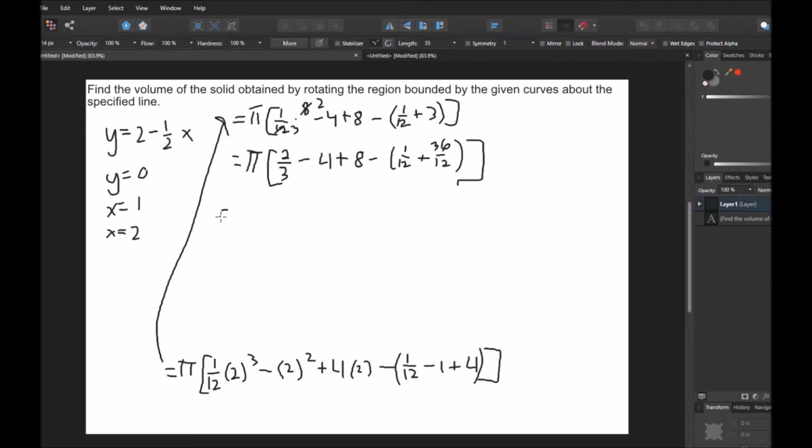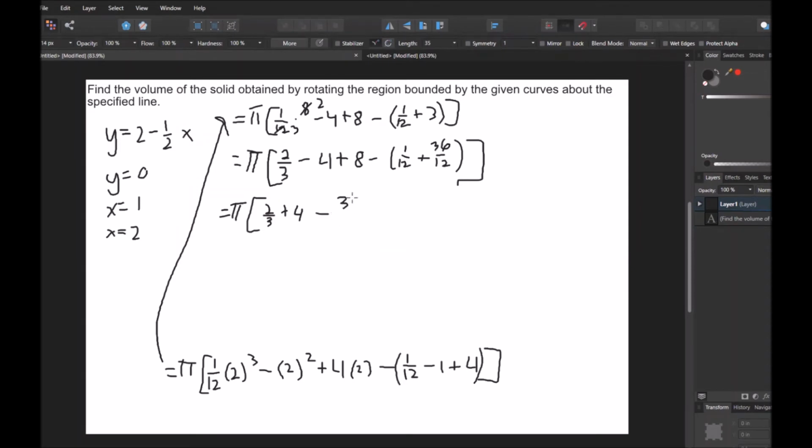And then pi times 2/3 plus 4 minus, and then this is going to be 37 over 12. There should not be an open bracket there.